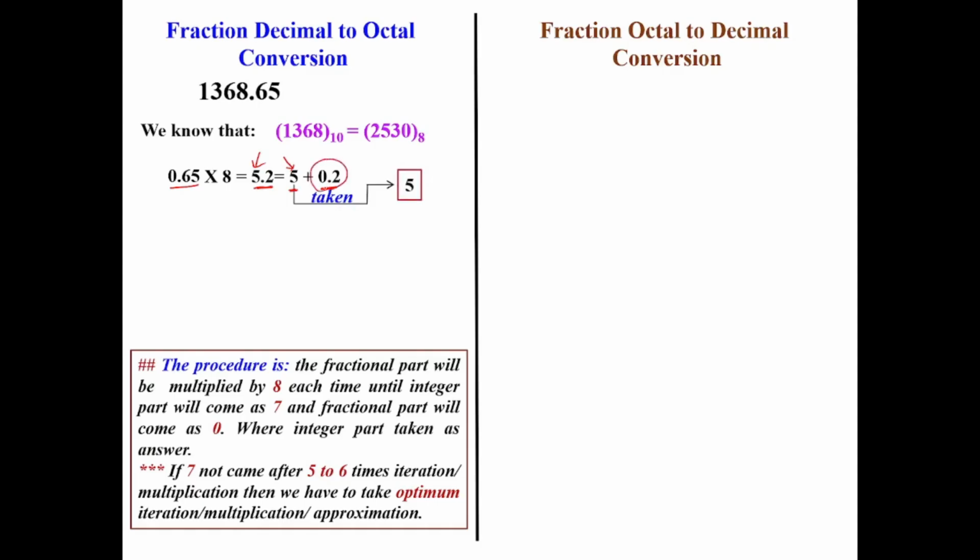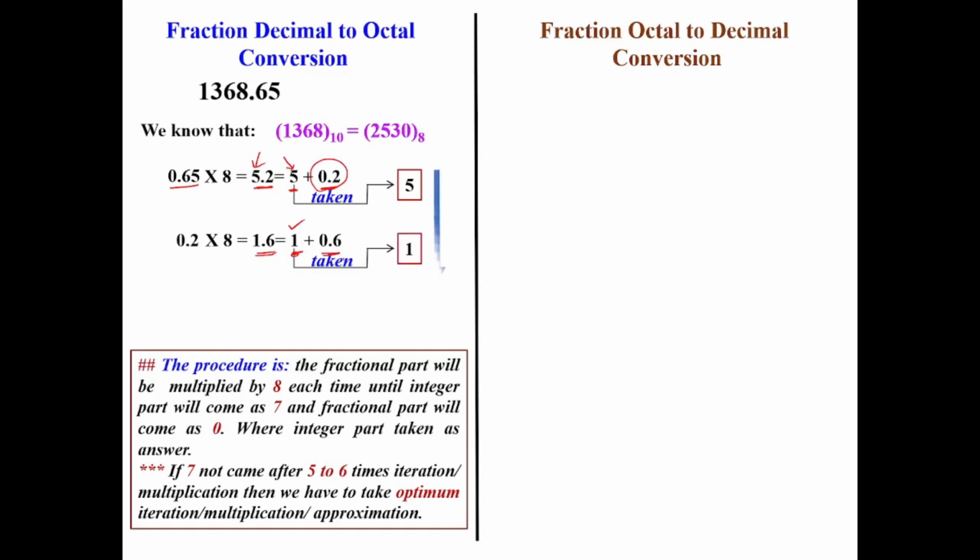Then 0.2 is again multiplied by 8 and we get 1.6. In 1.6, 1 is the integer part and 0.6 is the fractional part. Here we did not get the 7 and the fractional part did not get 0, but this 1 will be taken as the answer for this step, written separately.